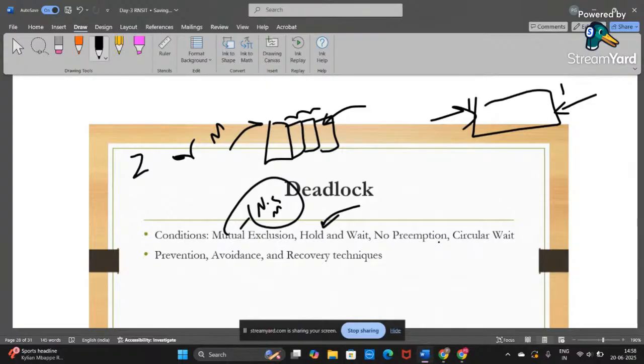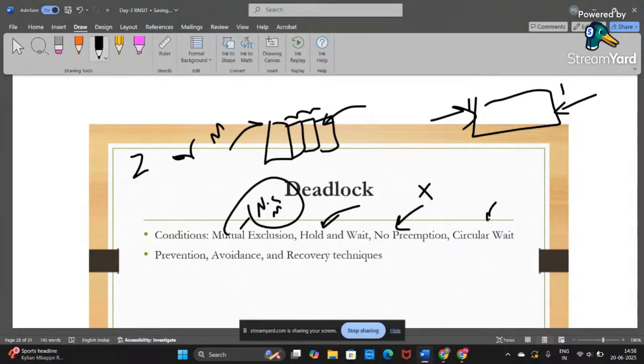No preemption means a resource cannot be forcibly taken away from a process. They must be released voluntarily. A resource should be released voluntarily; it cannot be taken forcefully from the process.